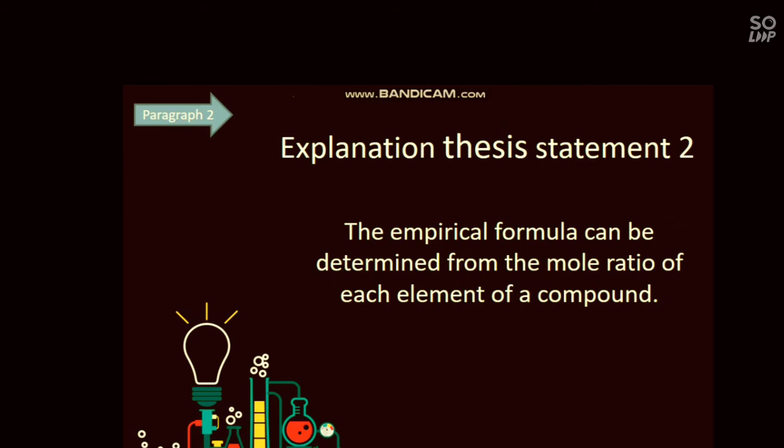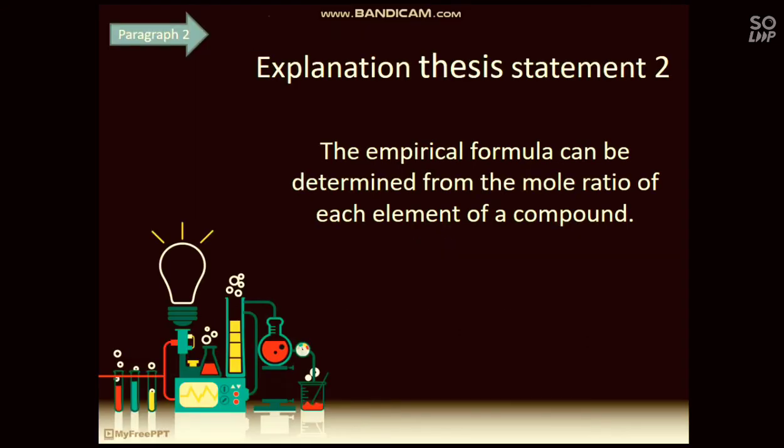Because with the elemental mass and the relative molecular mass, we can determine the mole. Then after that, we make a ratio from the moles, and we know the empirical formula of the compound.